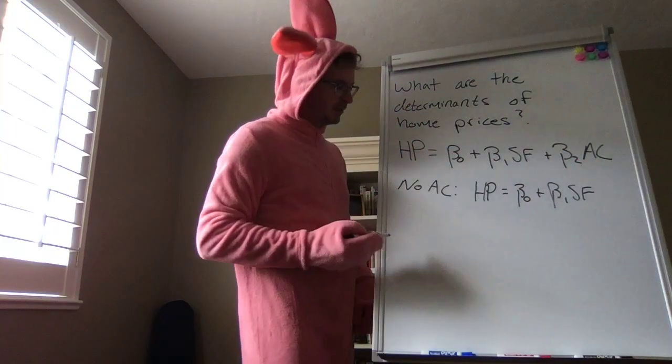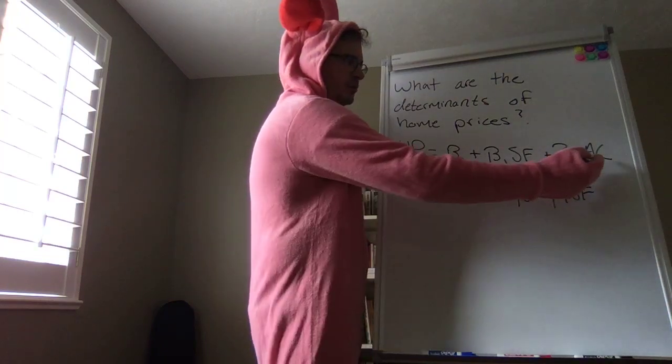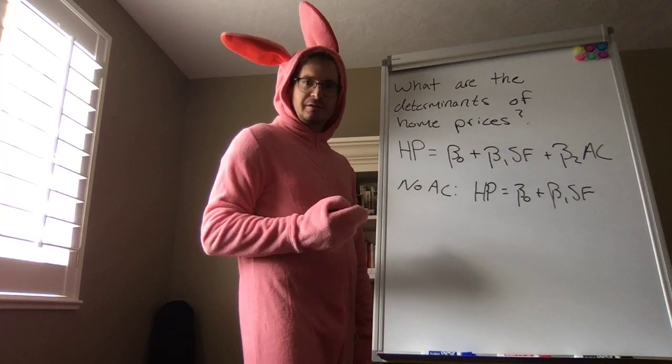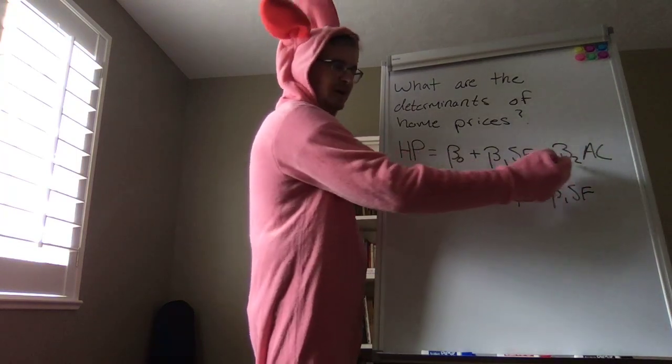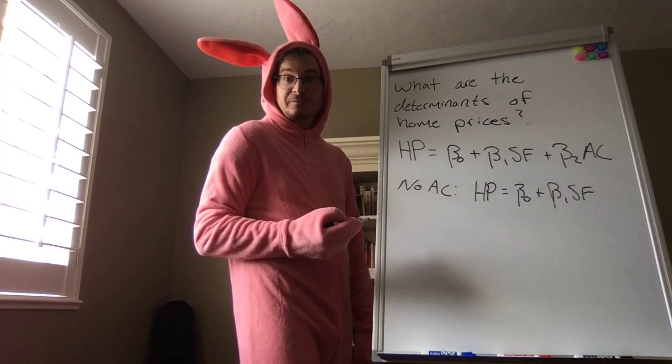Let's think about this variable. If the house does not have AC, then the value of AC is 0 in that equation. So 0 times beta 2 is just 0, and I don't even have to write it in the equation.